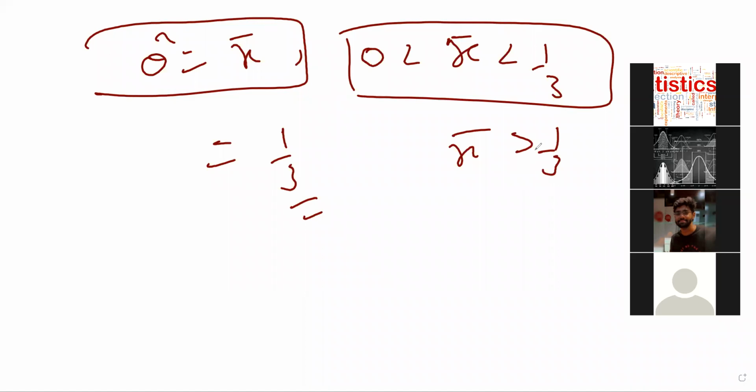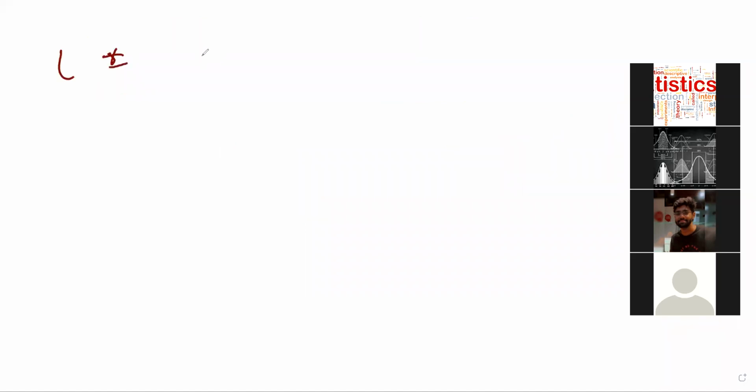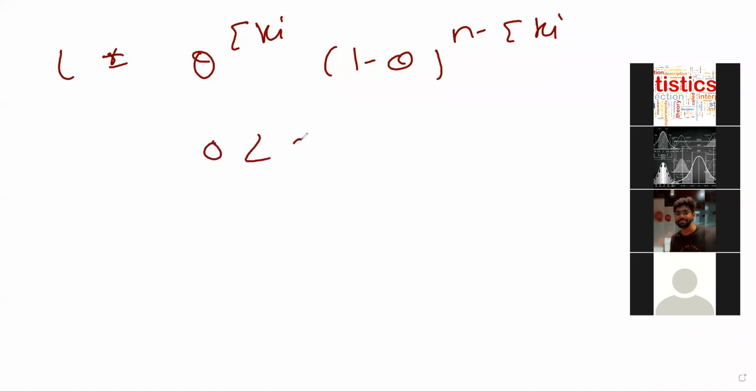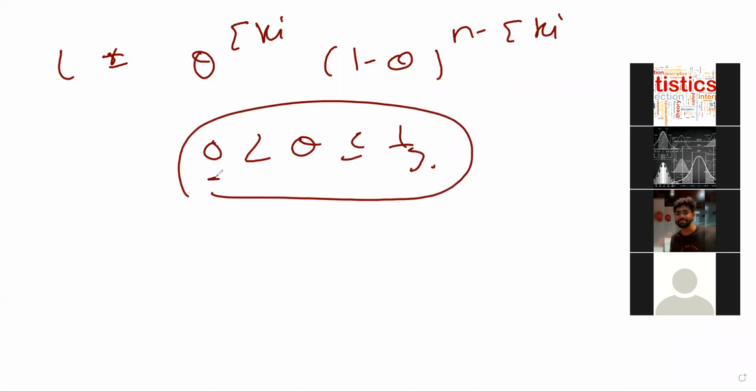Vishank, we know that theta equals x bar in the usual case. Now see how to check when x bar is greater than 1 by 3. L is theta raised to summation xi times 1 minus theta raised to n minus summation xi, with theta between 0 and 1 by 3. When x bar lies in this range, we can easily get it by differentiating log L and putting it equal to 0.